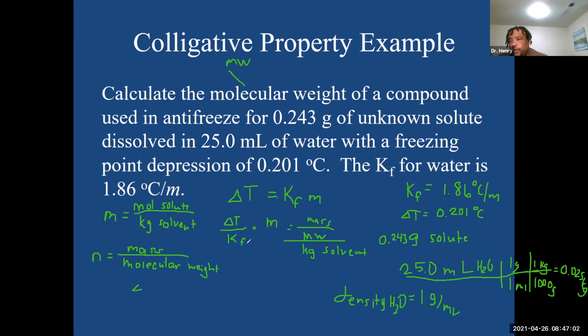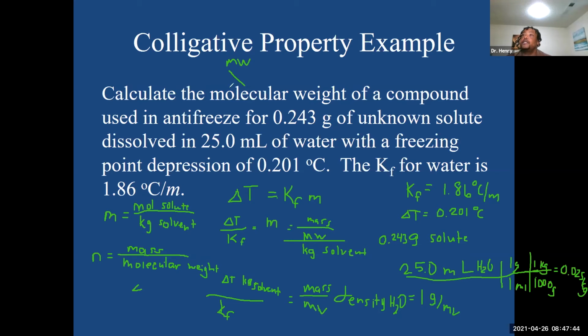Well, we know our kg of solvent, so we can move that over to the other side. So we'll have delta T times kilograms of solvent divided by Kf, and that's going to equal mass over MW.